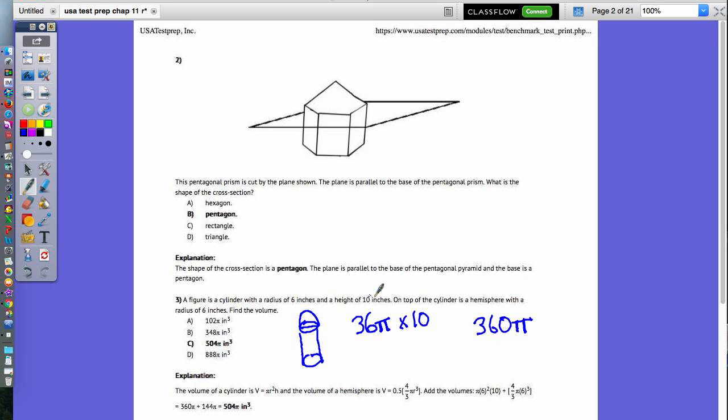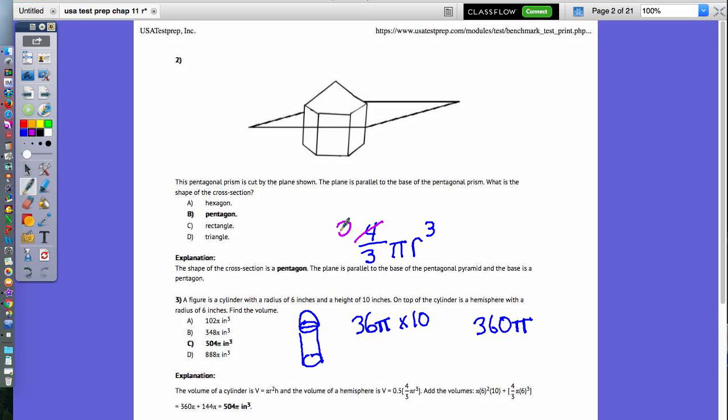Now on top of the cylinder is a hemisphere. The formula for volume of a sphere is 4/3 pi radius cubed. So I can find the volume of a sphere and then divide it by 2.